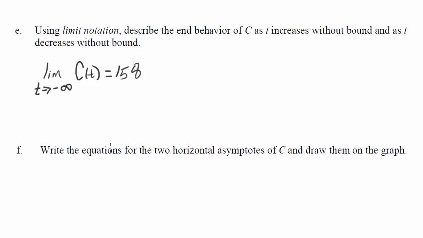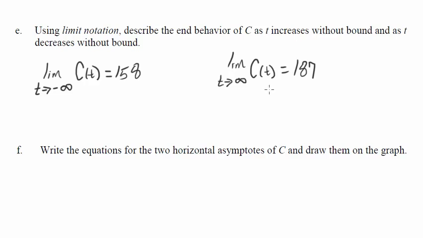Okay, now let's do the same thing to the right. So I'm going to write the limit as t approaches positive infinity, so the infinity underneath the limit sign says I'm going to the right, of c of t equals, and I believe that value was 187.